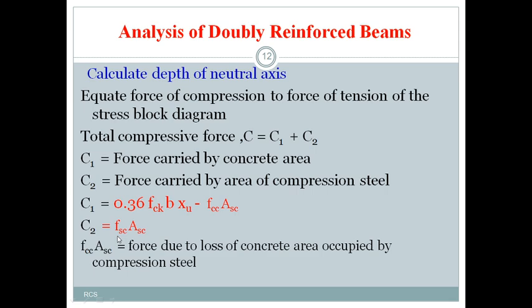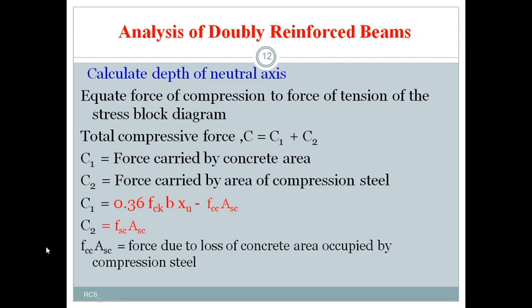That is the stress FCC and ASC, the area of the compression reinforcement. So this is C1, and C2 is the force carried by the compression steel. You know, force means stress multiplied by area.